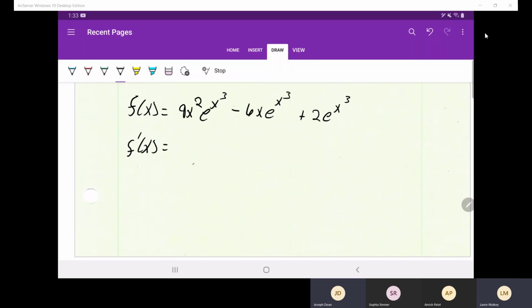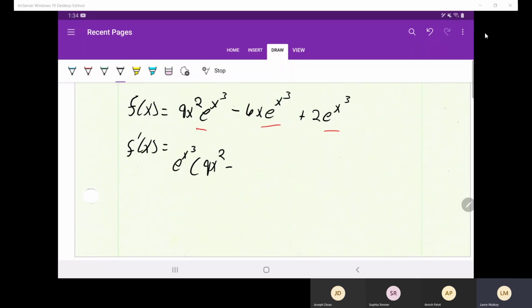Yeah, you can do product rule. I recommend doing something else first to make your life easier. Yeah, you can take the derivative of each individual piece, but then you're doing product rule once and twice, and you're doing chain rule and all those, and it gets to be a lot. You have a common factor right here, e to the x cubed. So I recommend pulling that out.